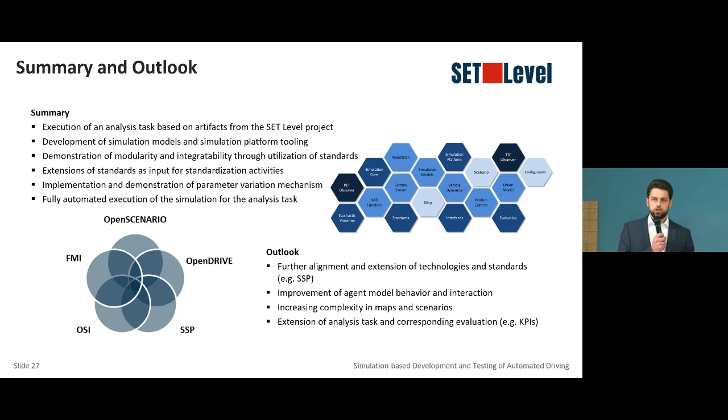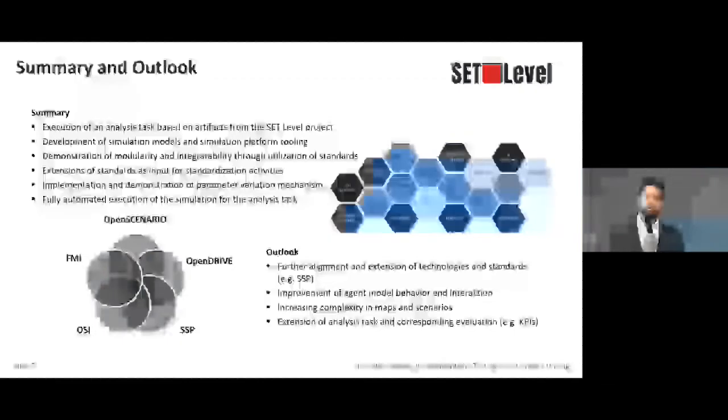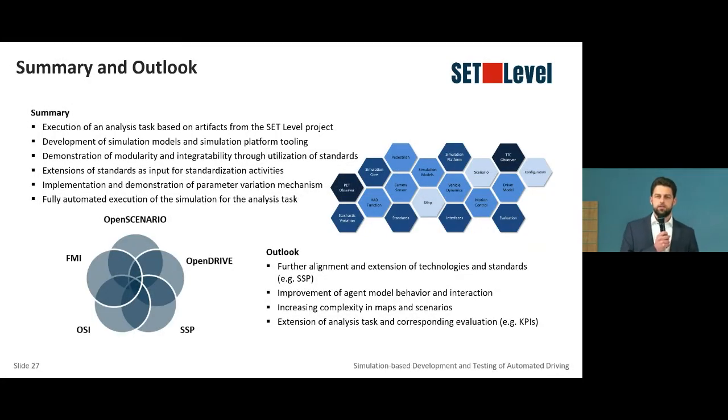We developed simulation models, we developed platform tooling, and we developed the simulation core that enables us to conduct the simulation, to set it up through a predefined architecture, and couple all the models with the standards that I just mentioned. Now, in the end, we were able to execute the simulation fully automated. We ran 10,000 test cases to show that it works. And within the evaluation, we were able to see great differences through the variation mechanism.